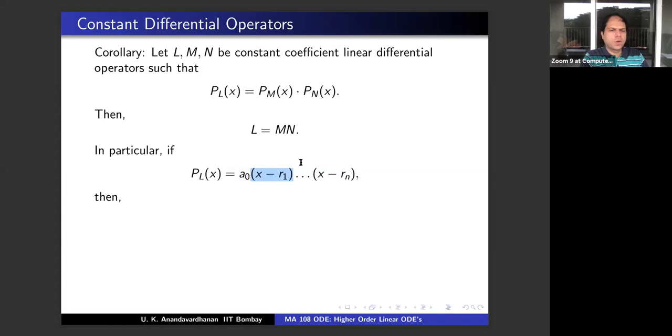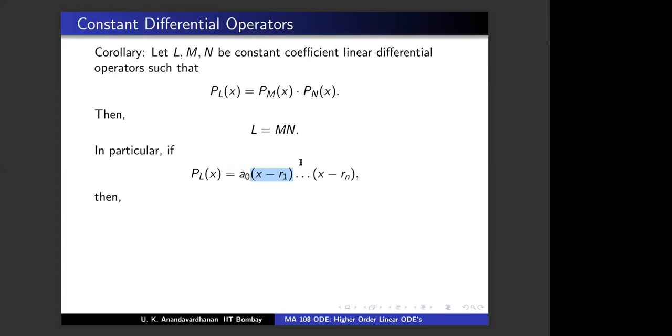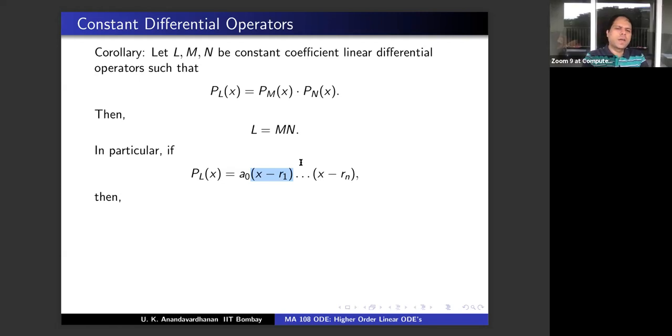What is the constant coefficient operator for which the characteristic polynomial is x minus r1? We could replace x by D. Yeah, exactly. D minus r1. Okay. So what we have concluded is L equal to A0 times D minus r1. I shouldn't say times, composed with D minus r2, composed with D minus rn.